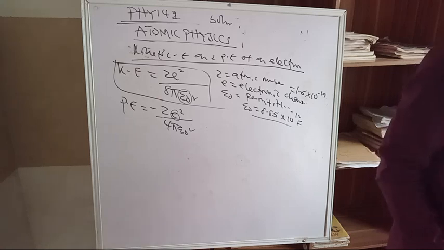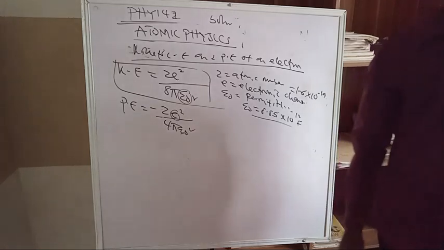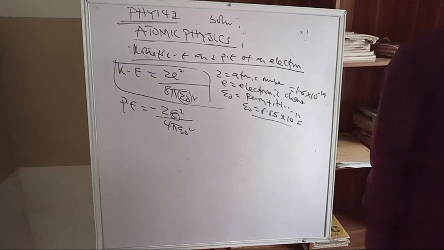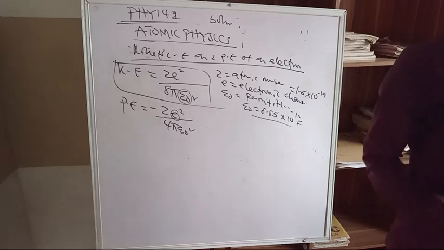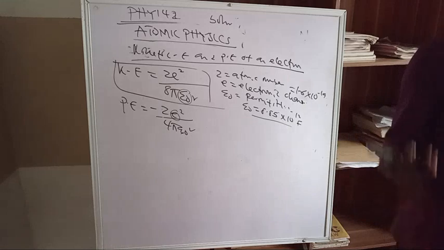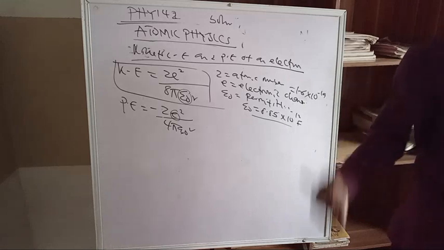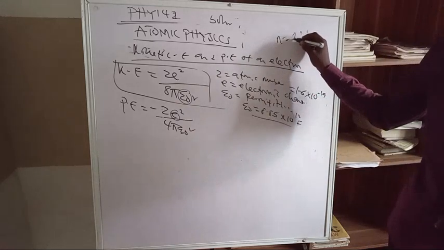So the next thing we want to consider is how to solve for ionization energy. Ionization energy is defined as the energy required to remove an electron from one energy level to infinity. So now your n is equal to infinity, and it has a value too.